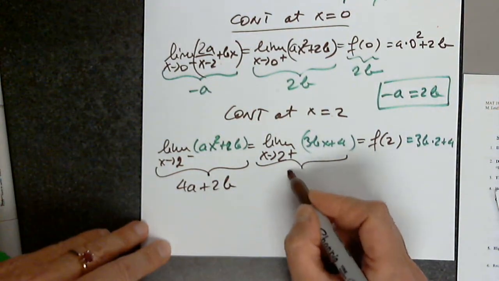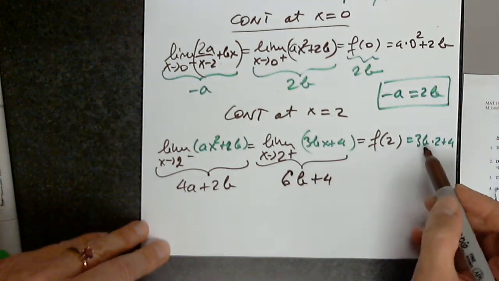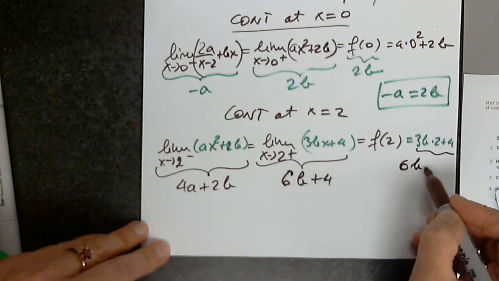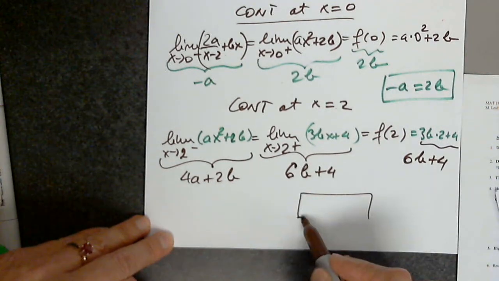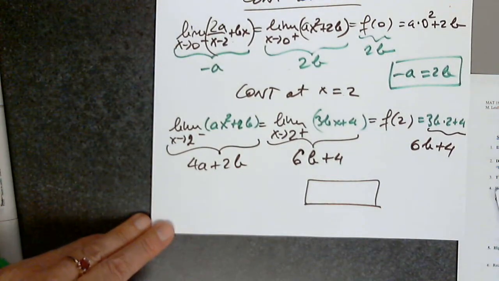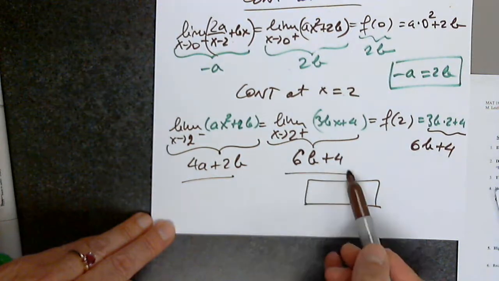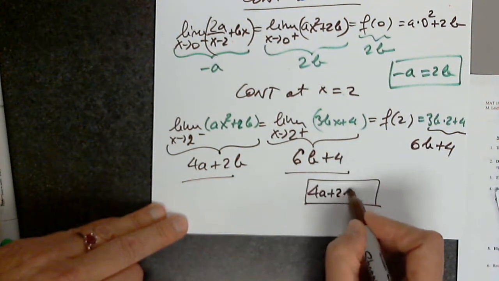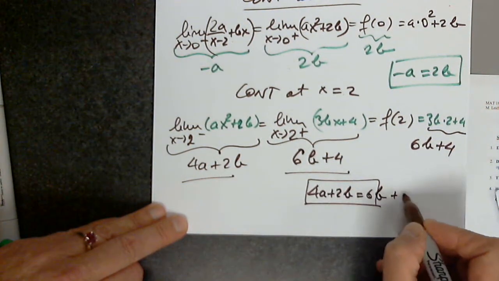What is this? 6b plus 4. What is the second equation that we just determined? 4a plus 2b must equal 6b plus 4.